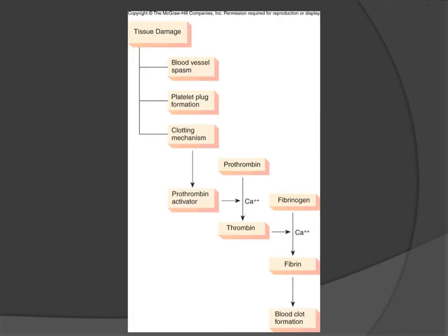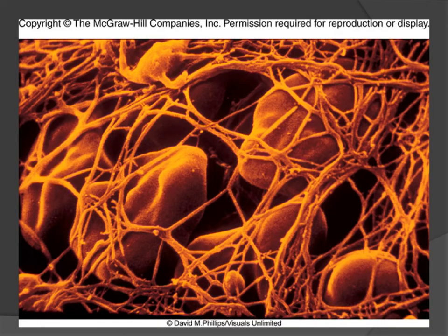So hemostasis consists of 3 processes: blood vessel spasm, platelet plug formation, and blood clot formation. This is just a photo of a blood clot, showing blood cells trapped in a meshwork of fibrin strands.